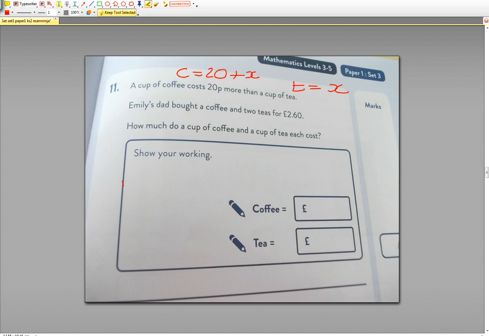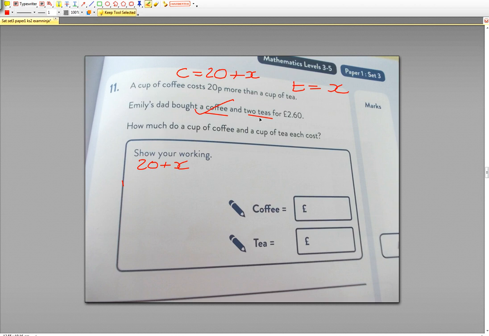Emily's dad bought a coffee and 2 teas for £2.60. How much does the tea cost again? X pence. How much does coffee cost? 20 plus X, because 20p more. And he buys 1 coffee and 2 teas. So you've got 20 add X, which is the coffee that he buys.